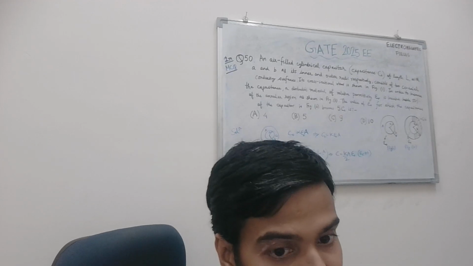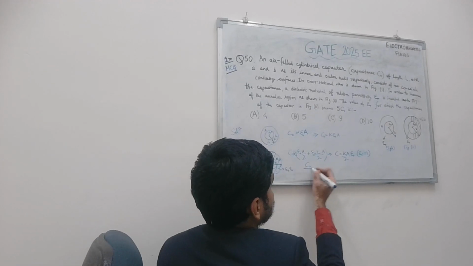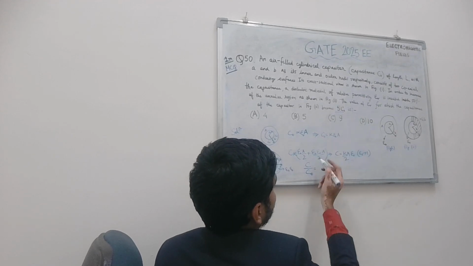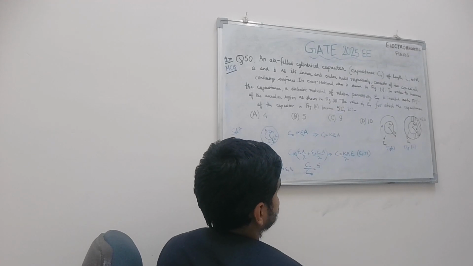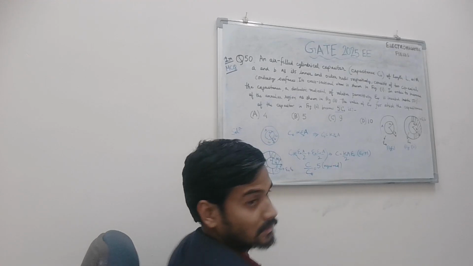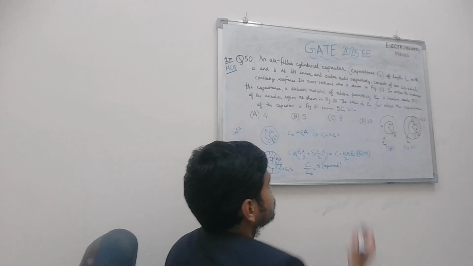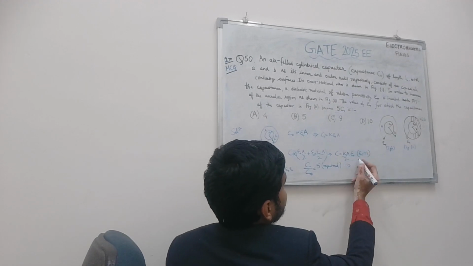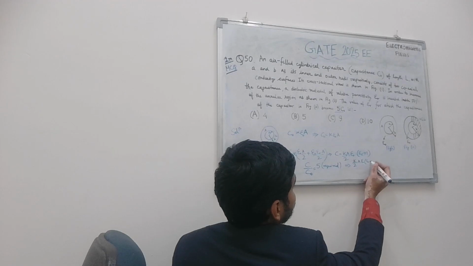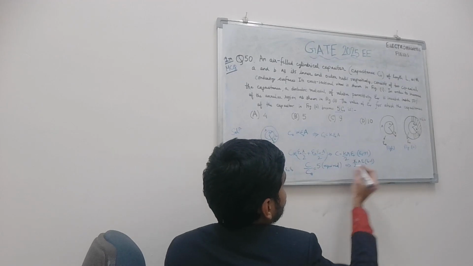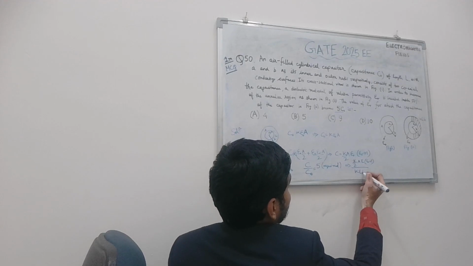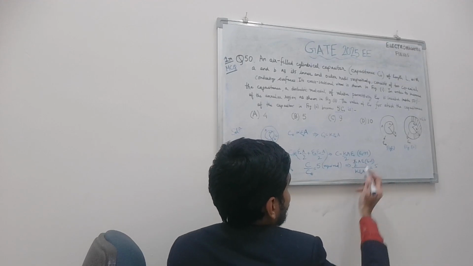Now if you take the ratio of C by C naught, it should be equal to 5, since C should be 5 C naught. It is required. Right? You take the ratio, K gets cancelled. Let's take the ratio. K by 2 into epsilon naught into epsilon r plus 1. That is the expression of C. Expression of C naught is K times epsilon naught A. This should be equal to 5.